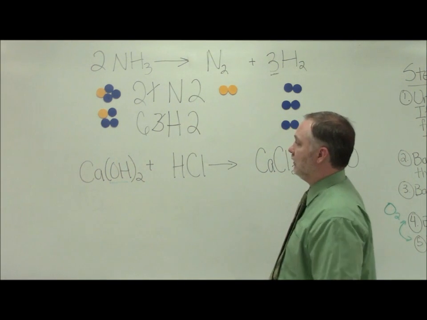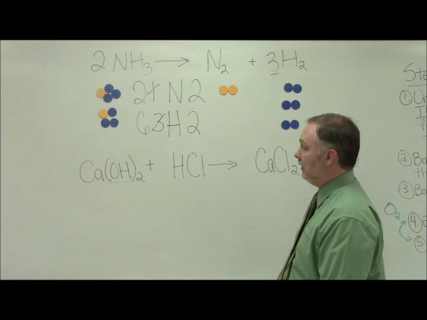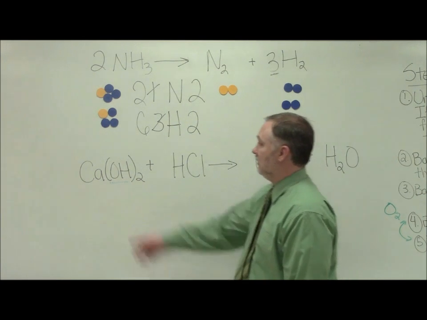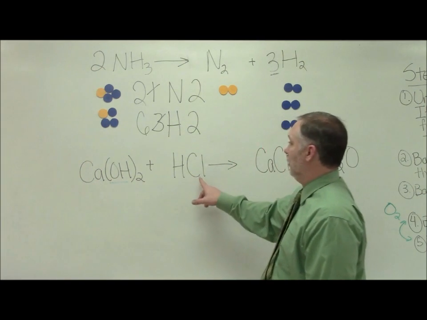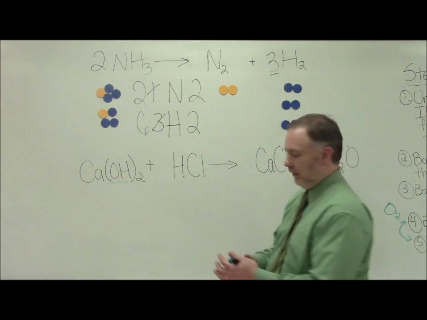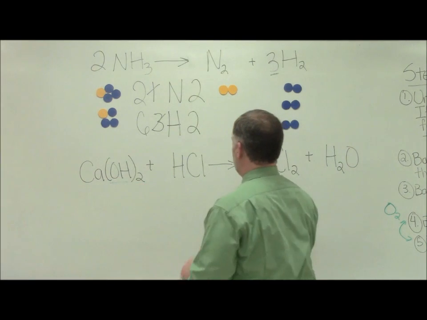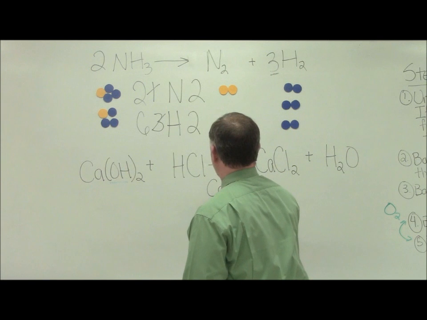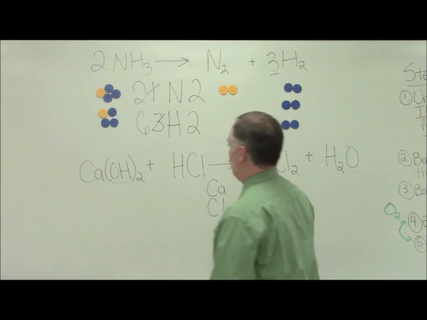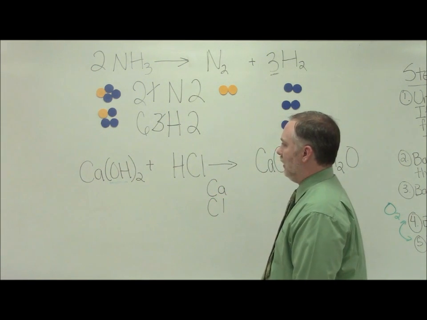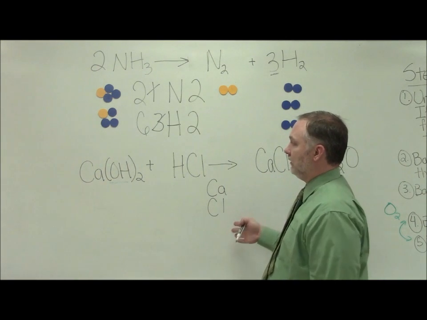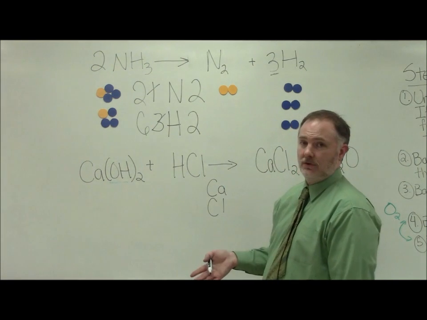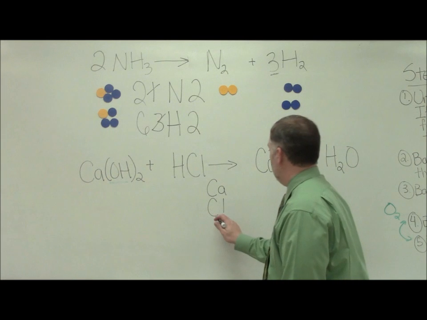So the order I want to do it then, it's any atom not hydrogen and oxygen. So I can do the calcium first or the chlorine first. It doesn't matter. I'll just go in the order all the way to the left. I'm going to do calcium, then I'm going to do chlorine. Then according to our steps, we should do oxygen and then the hydrogen last.